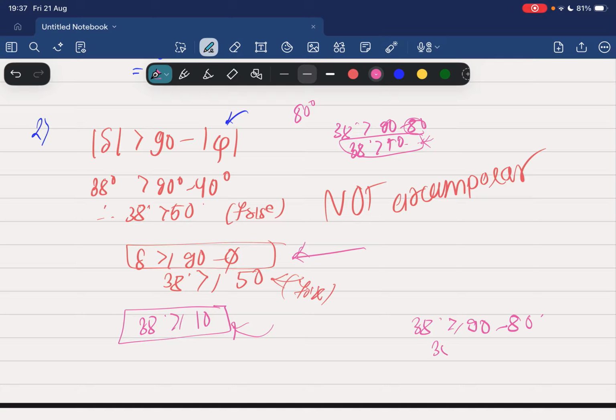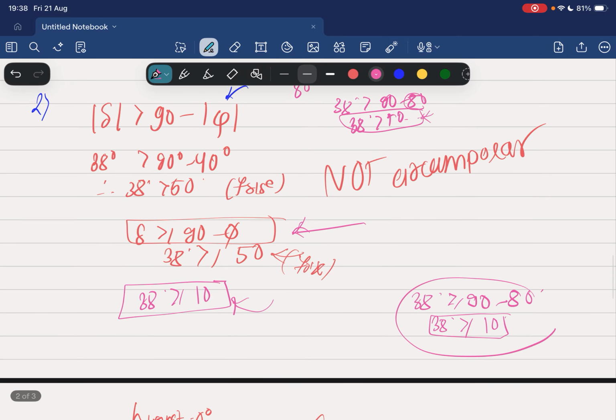So 38 degrees is greater than or equal to 10 degrees. So it satisfied the, what do we call it, it literally satisfied the not never visible condition, I think.